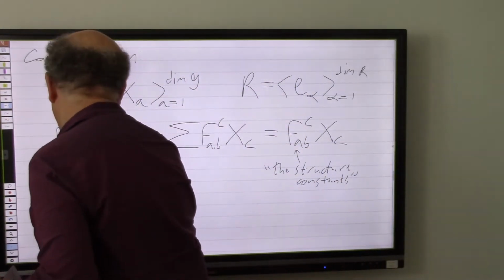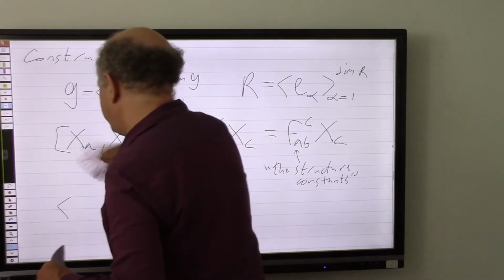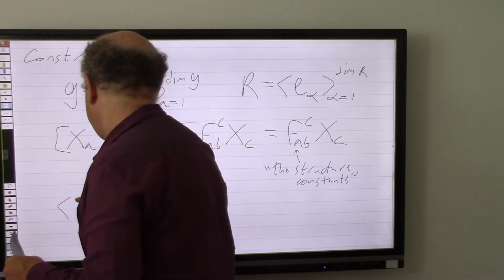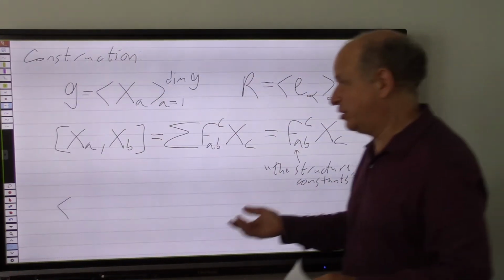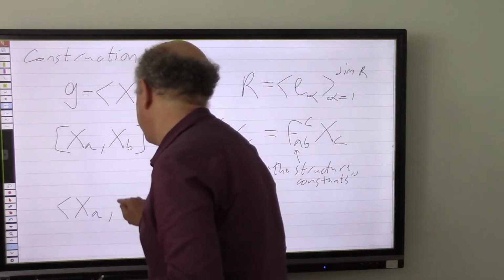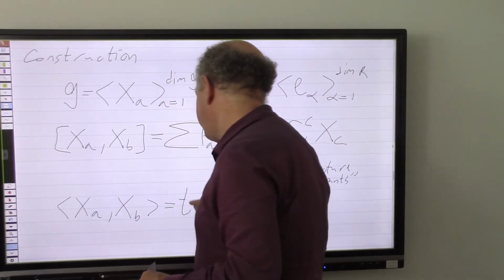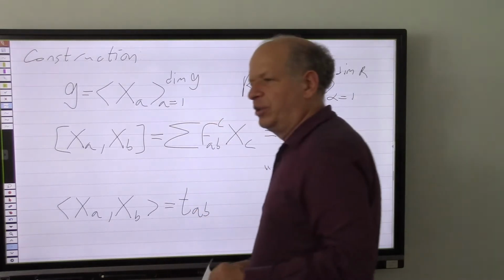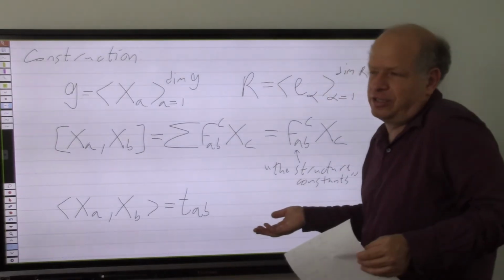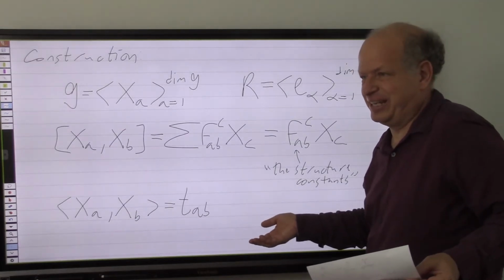Similarly, let me continue. The metric is determined by how it acts on basis elements. So if you take the inner product of x_a with x_b, then this is going to be some number which I will call t_ab, the metric tensor, the metric matrix.